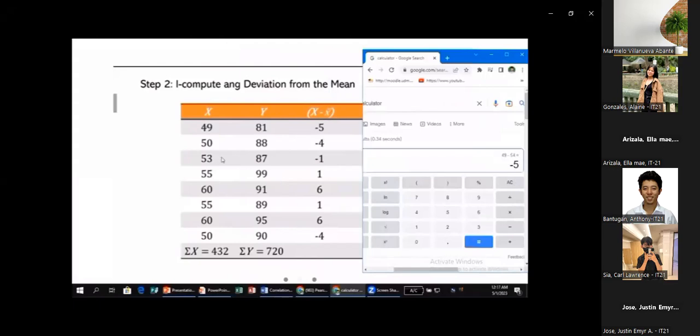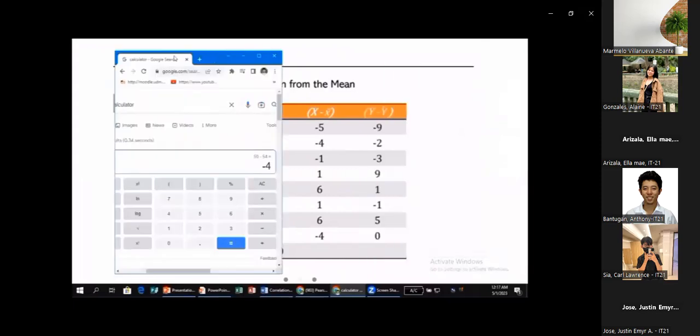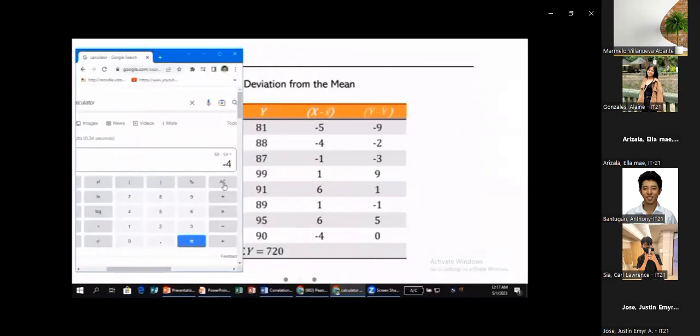Ganun din, 50 minus 54, negative 4, and so on. Ganun din yung gagawin natin sa y. I-subtract natin yung y sa mean niya, which is 90, negative 9, and so on.